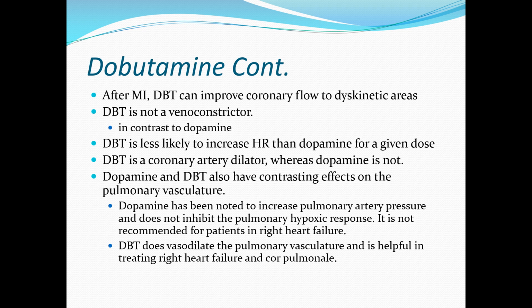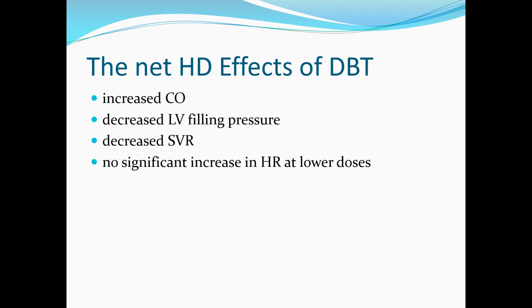But dobutamine does vasodilate these pulmonary vascular beds and is helpful in treating right heart failure and cor pulmonale. The net effect of dobutamine: increased cardiac output, decreased LV filling pressure, decreased SVR, no significant increase in heart rate at clinical normal low dosing. So if you can remember one slide for dobutamine, this should be it.